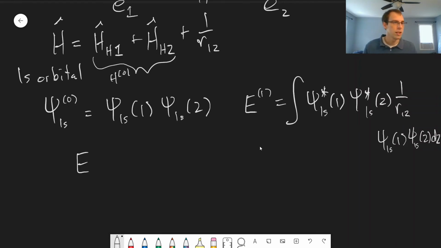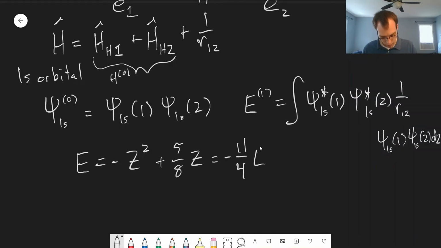And what we'll do is we'll solve this in terms of z, where z is the charge on the nucleus. So if we solve this, we get E equals minus z squared plus 5/8 z, and that's equal to negative 11 over 4 Hartrees, or negative 2.750 Hartrees.